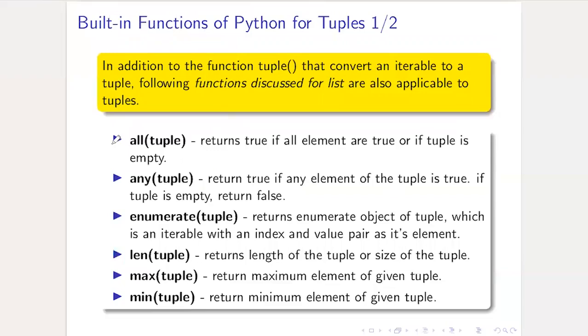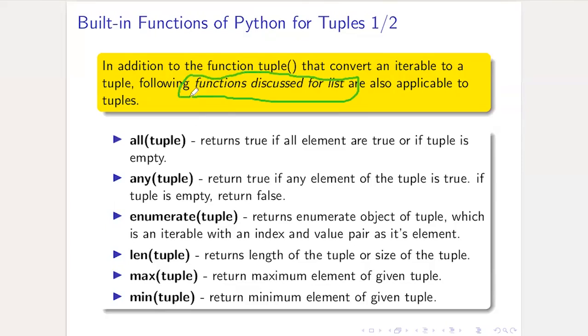Similar to the list, Python also has a significant set of built-in functions which are very useful. This is the summary list of those functions which behave in the same manner as for the list.